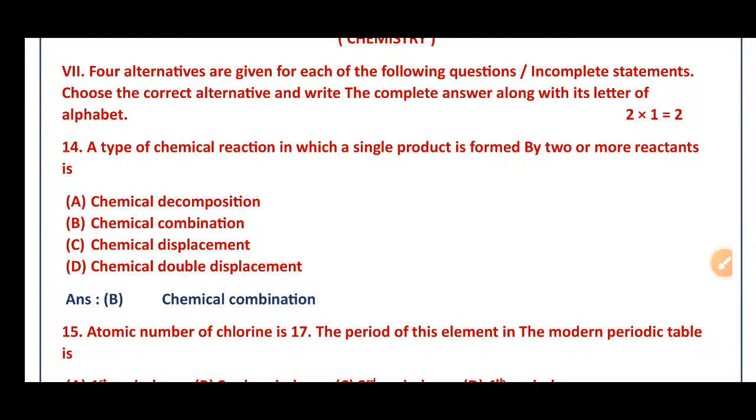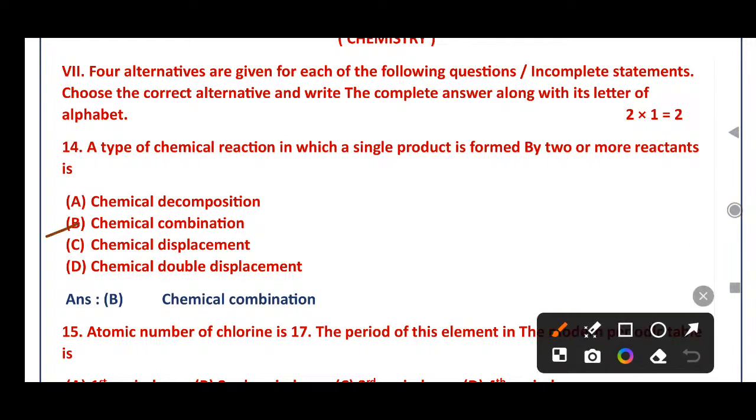Question 14. A type of chemical reaction in which a single product is formed by two or more reactants is called a chemical combination. Two or more reactants react with each other and give a single product. A single reactant giving two or more products is called chemical decomposition.